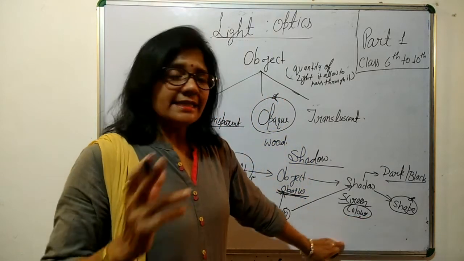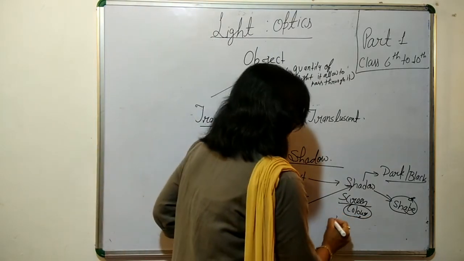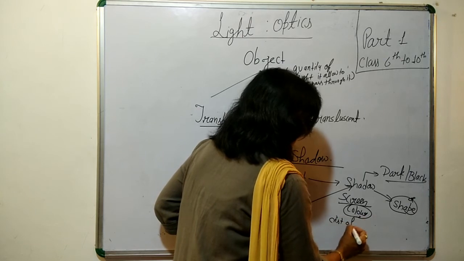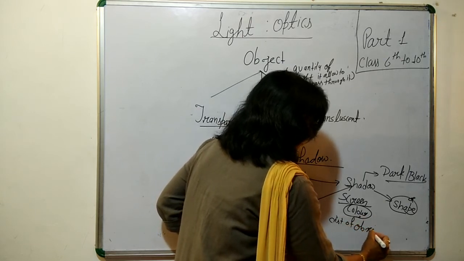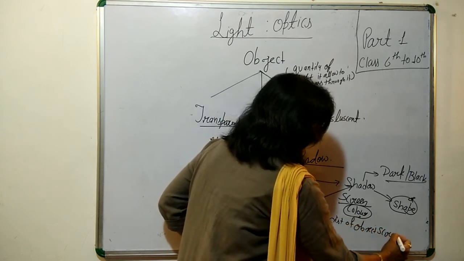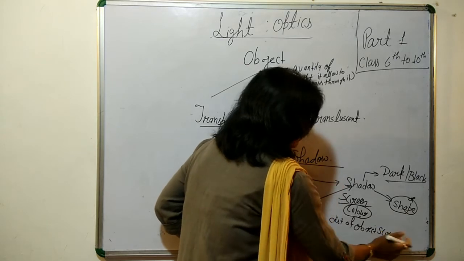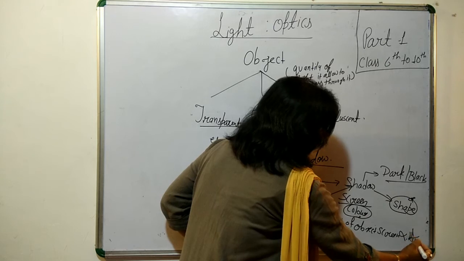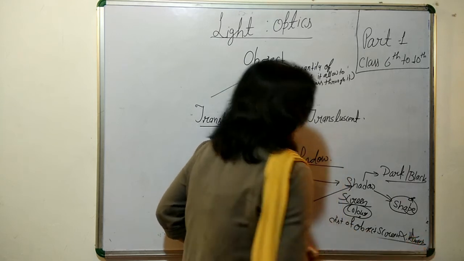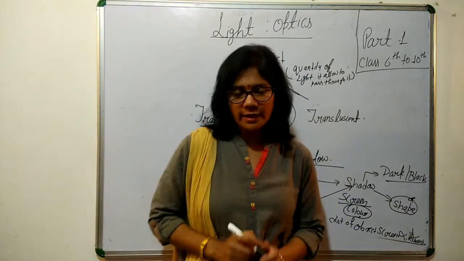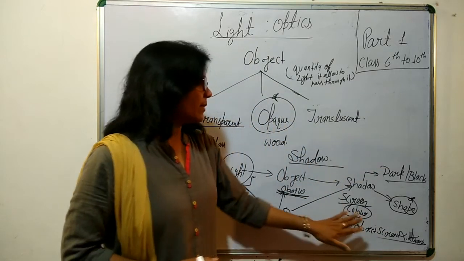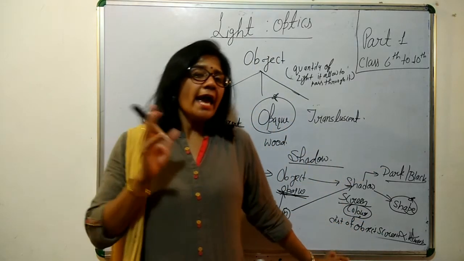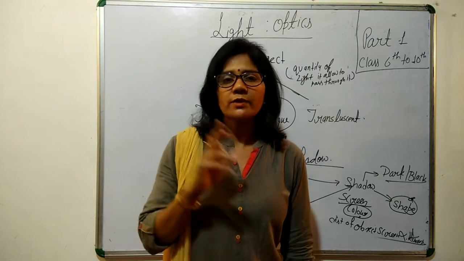The distance of the object from the screen, if it is more, then sharpness is reduced. So it is inversely proportional. Okay, it was all about how the shadow forms, and don't confuse the shadow with the image.